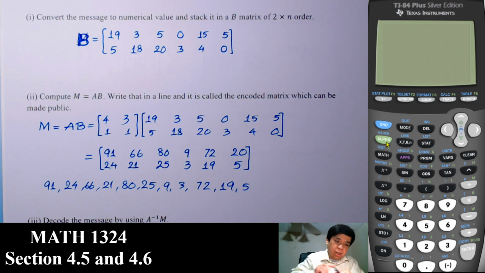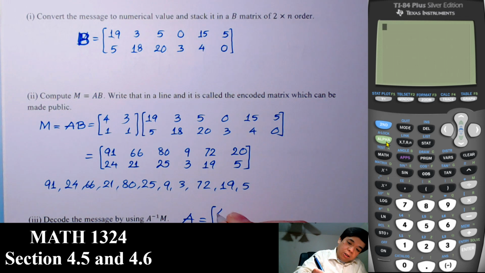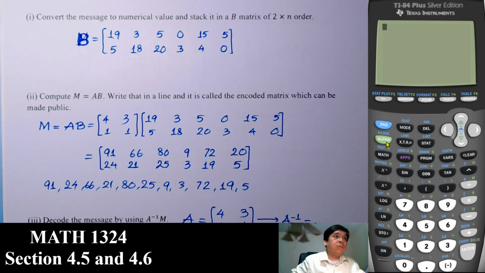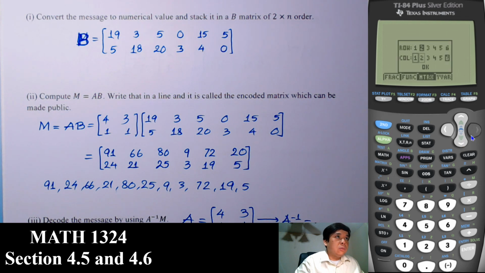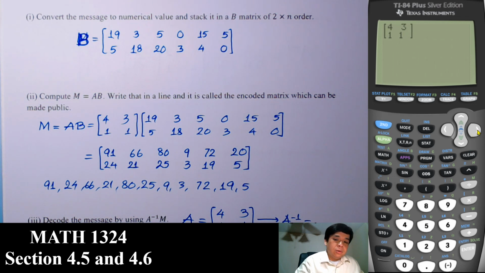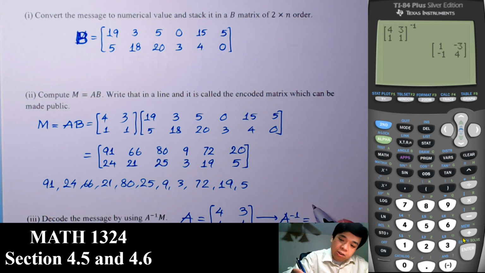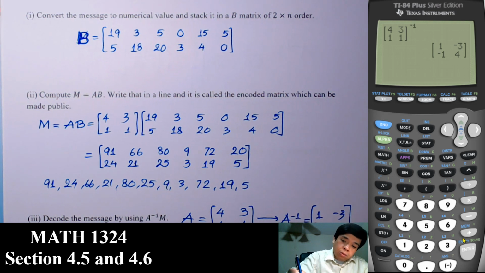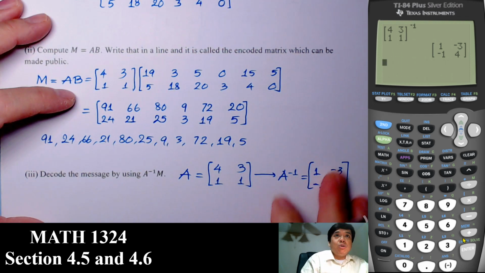So first we find the inverse. If A is equal to 4 3 1 1, and the A inverse is 1, -3, -1, and 4. If we have this inverse, now this will decode the matrix.